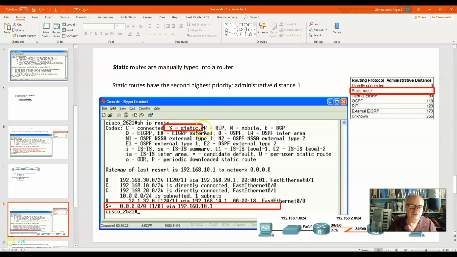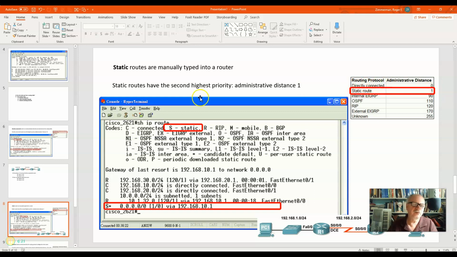Static routes are those routes that have been manually typed into a router. We'll demonstrate this in another video because it's going to get a little long on this one. But a static route is right here, and it shows with an S, and it has an administrative distance of 1. It's not quite as reliable as directly connected.